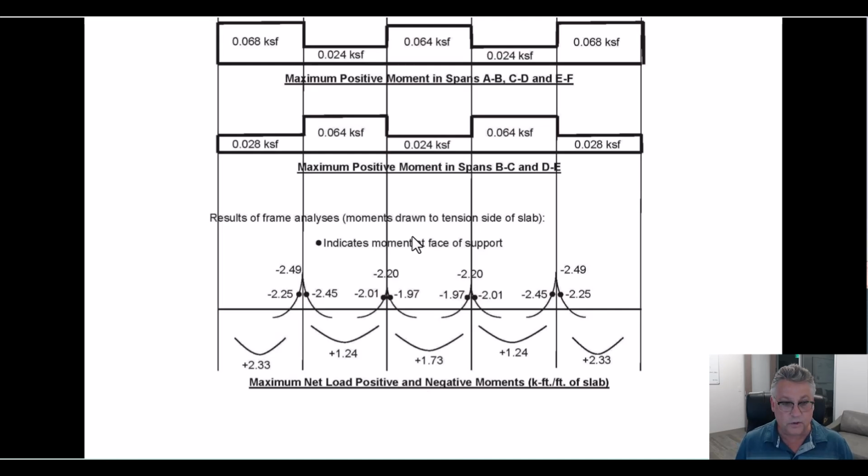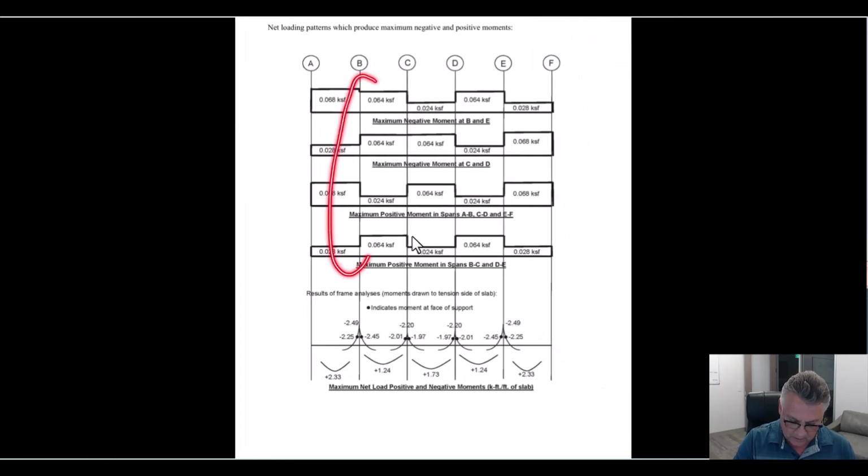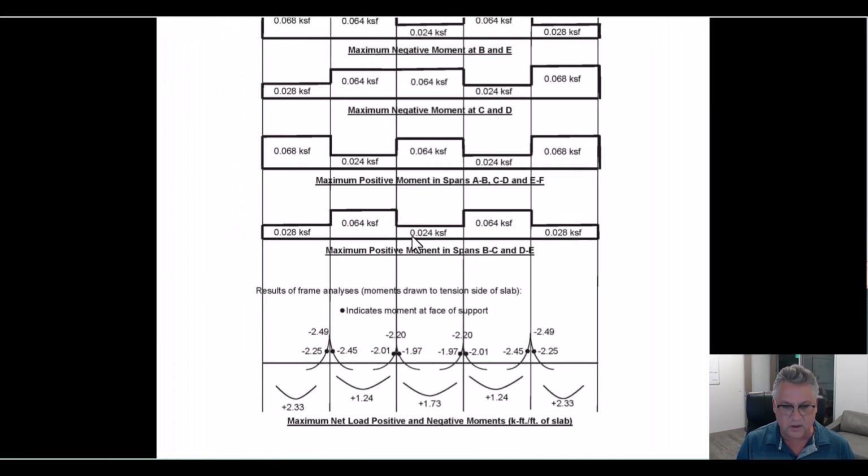So the result of that in this case, the worst negative moment we're going to get based upon any of these combinations is negative 2.49 kips per foot. Remember, everything is in per foot, so foot-kips per foot. Interior bays, the worst that we're coming up with is 2.2 foot-kips per foot.